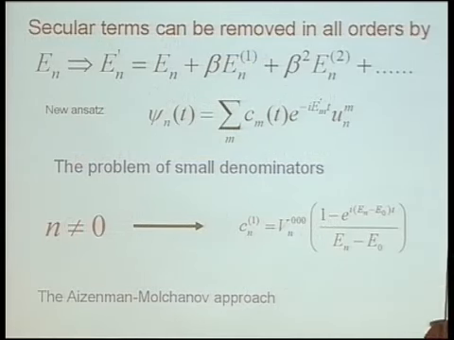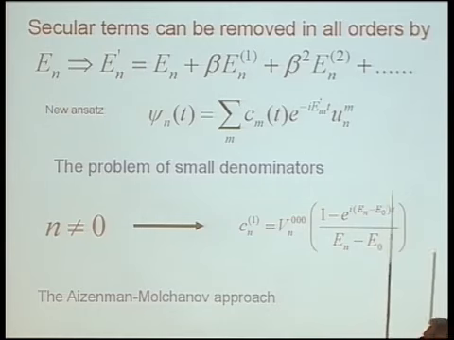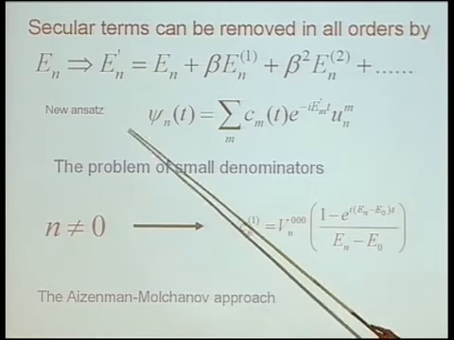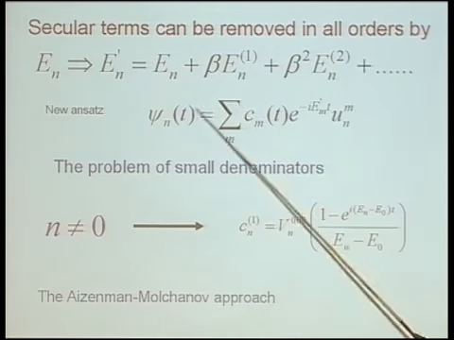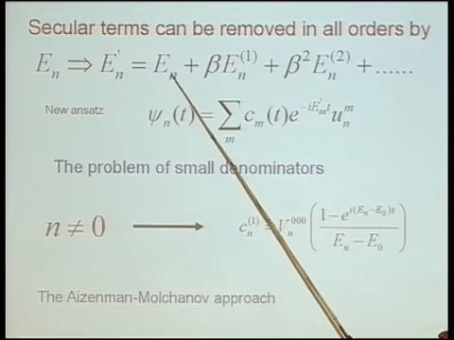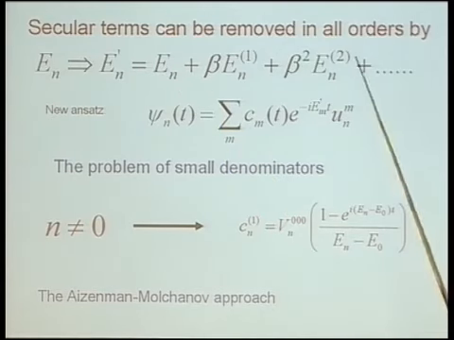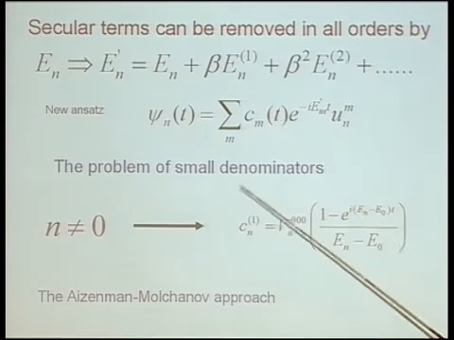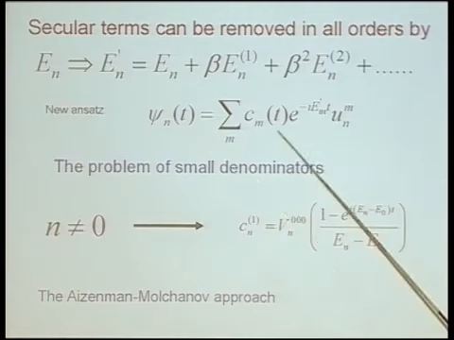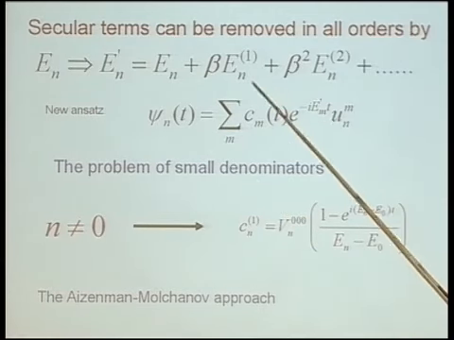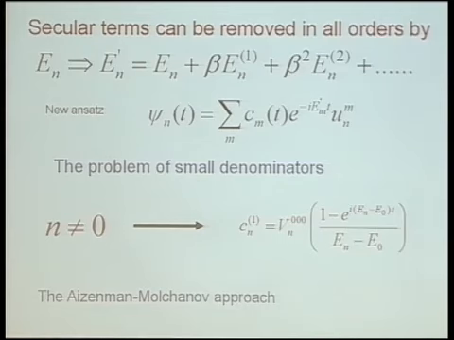Then we write the energy as an expansion: these are the energies of the Anderson model, and these are corrected energies. And we call this the renormalization of energies. Then we change the ansatz and use these new energies.